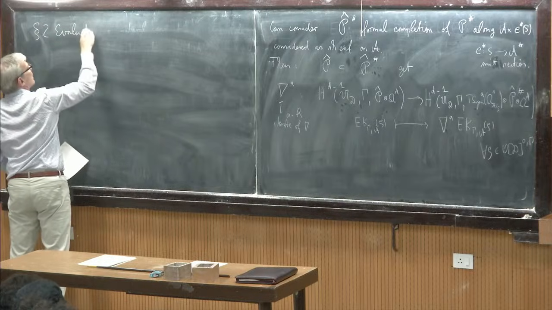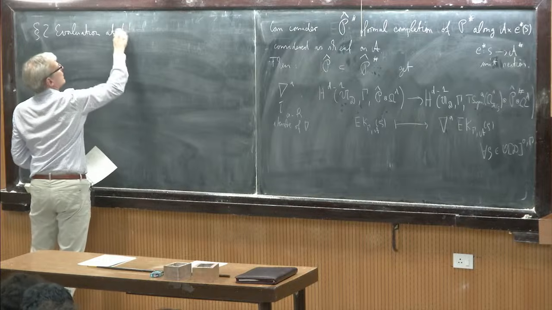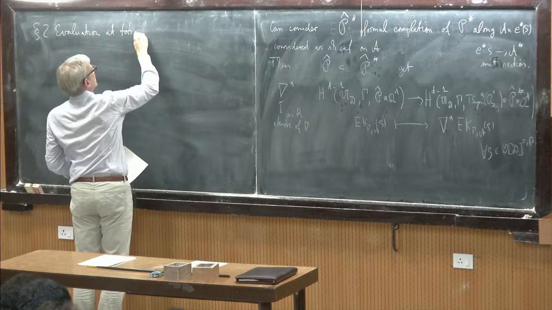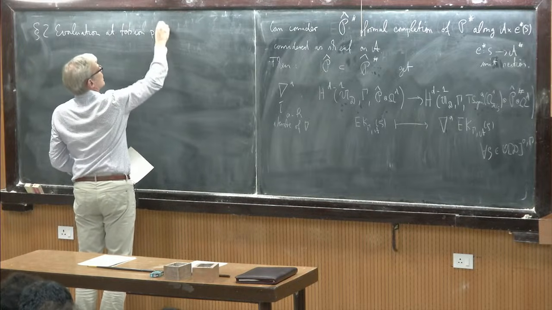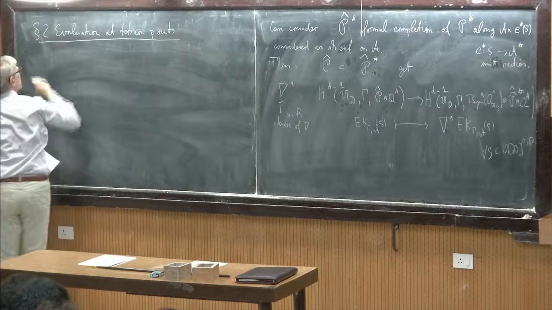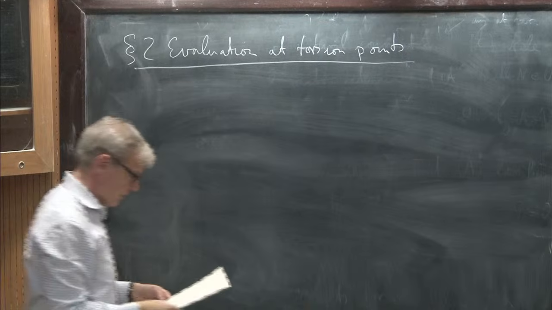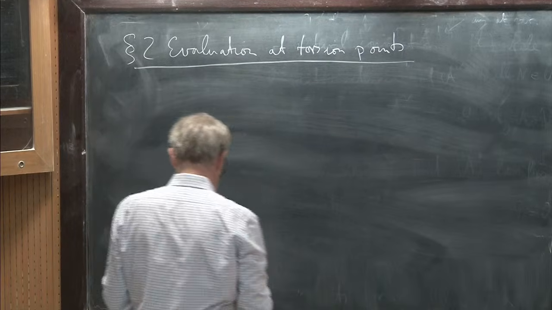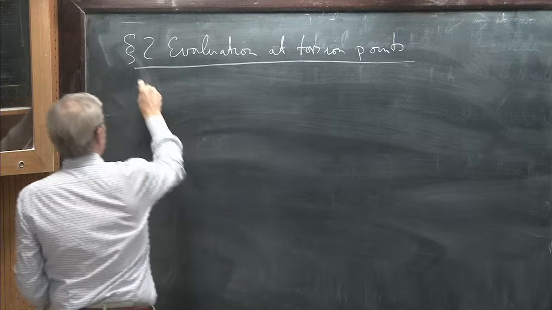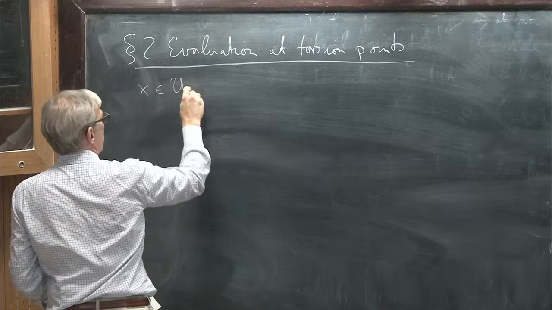So, evaluation at torsion points. How does that go? We fix x in U_D.